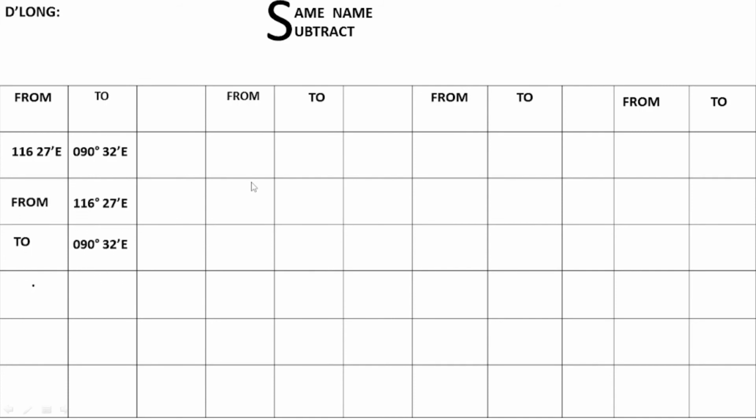Now D.LONG from to. So these are same names. Subtract. Now I'm going from 116 degrees to 90 degrees east.